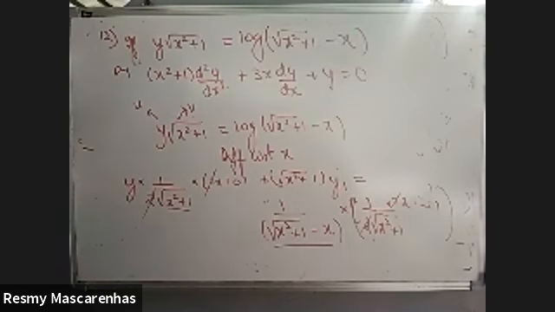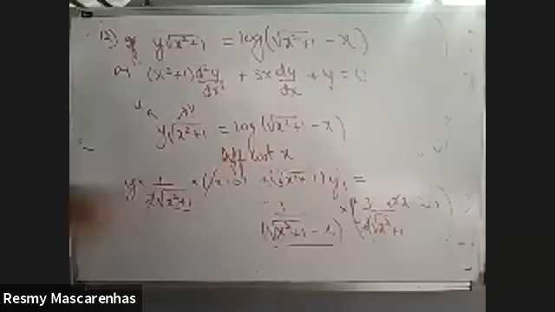Here also 2 and 2 will cancel, no? So x will get multiplied to y.